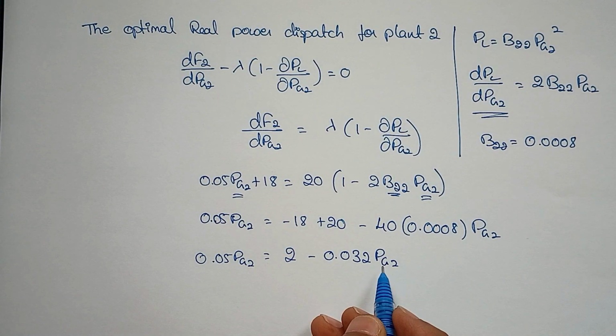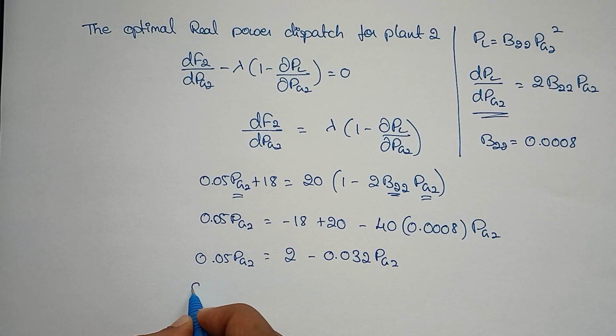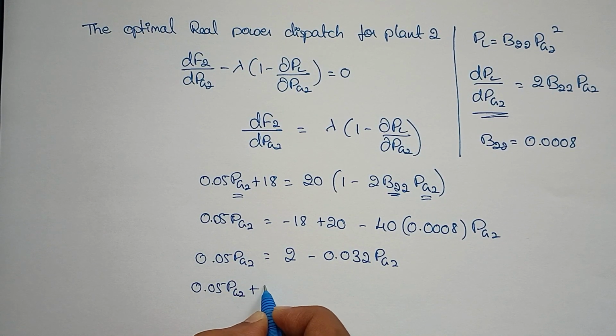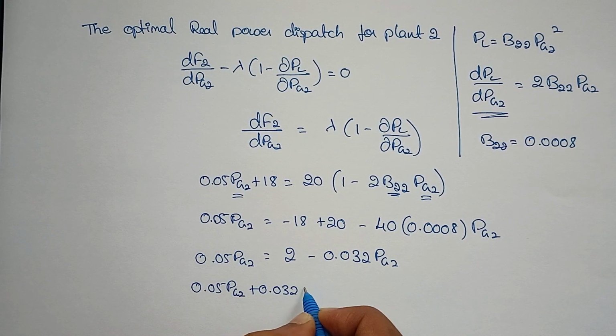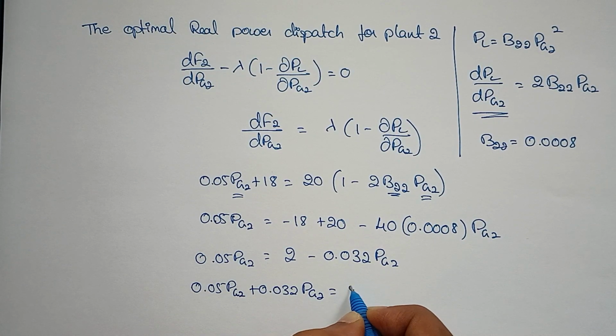On solving, if we take Pg2 on the LHS, 0.05 Pg2 plus 0.032 Pg2 is equal to 2, therefore 0.082 Pg2 is equal to 2.